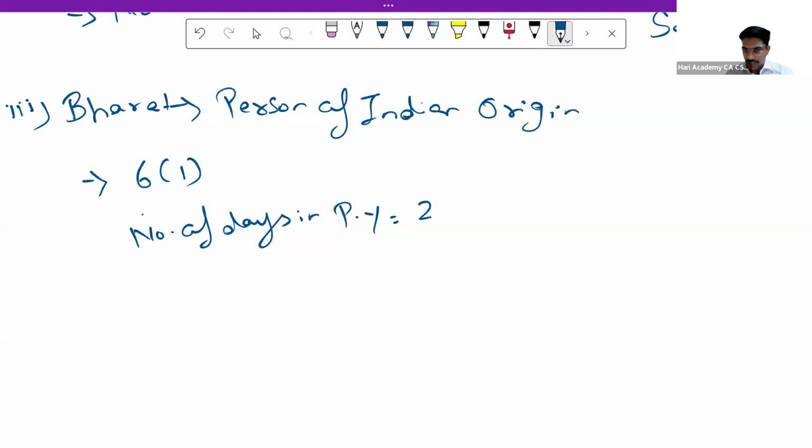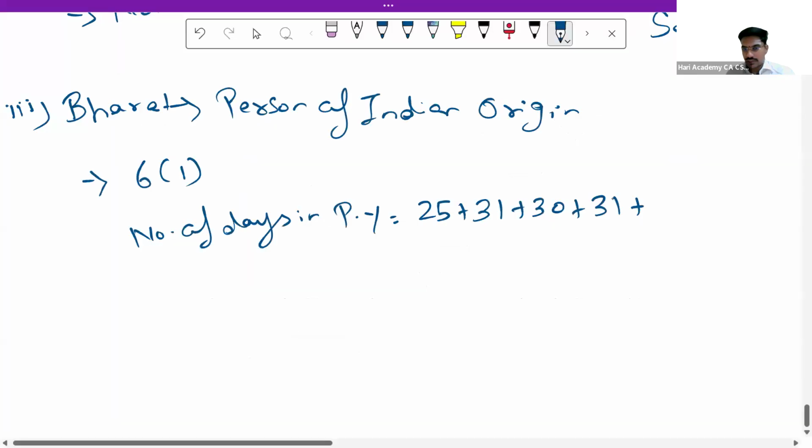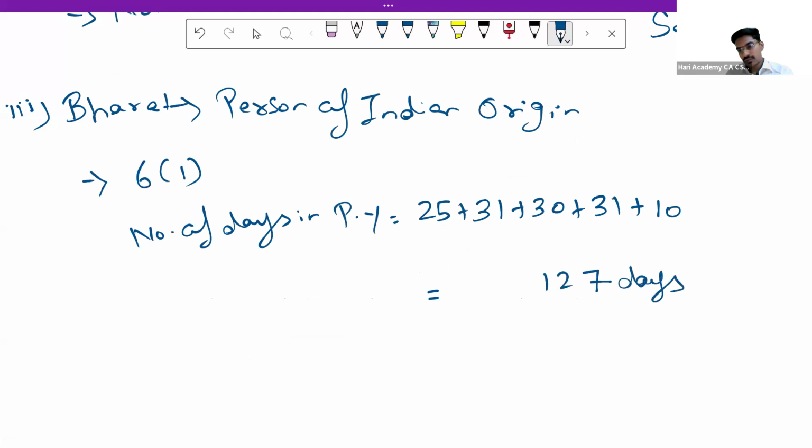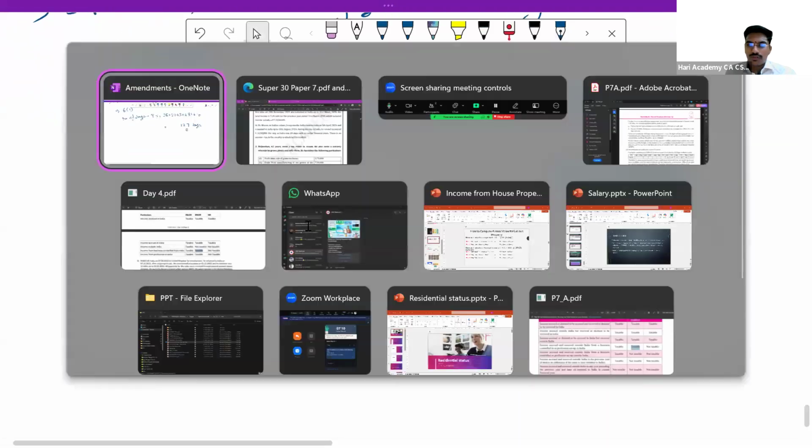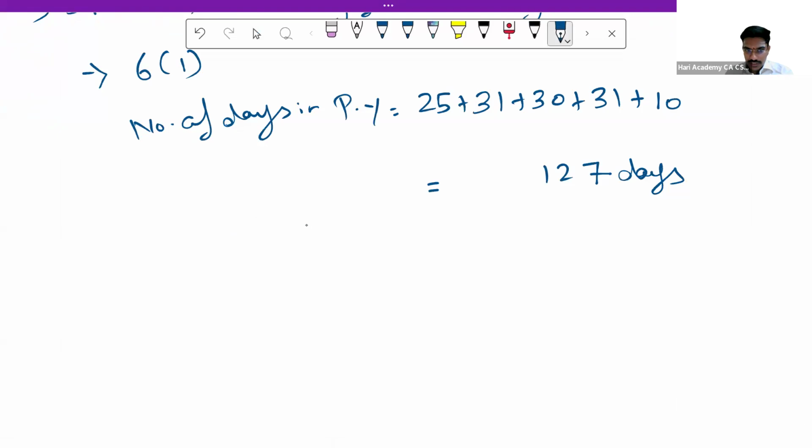So we have 25 days in April, May 31, June 30, July 31, August he was here till 10. So his total stay in India is going to be 127 days. So first, 6-1 is not satisfied.